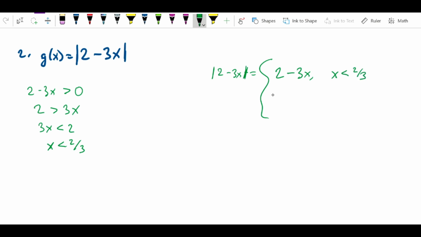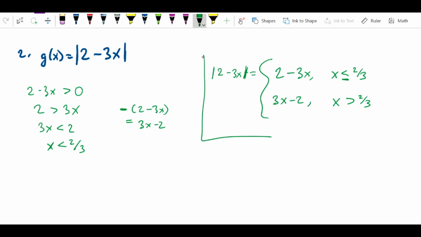And that means that otherwise it's going to be the negative of that. The negative of 2 minus 3x is equal to 3x minus 2. So that gives me 3x minus 2 whenever x is greater than 2/3. And I can simply choose either of these to act for the endpoints of those intervals, put equality on just one of them, and that gives me a piecewise expression for this absolute value function.